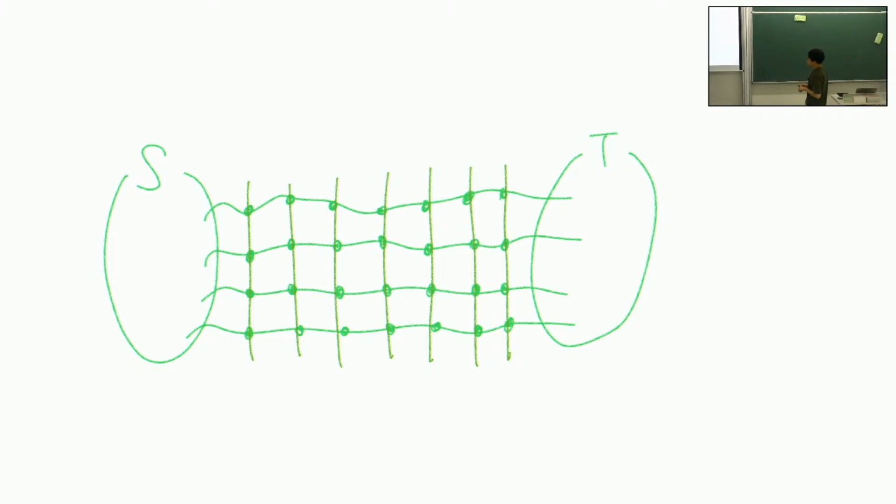Then we have a huge path, and along this path, we can find many separating sets. However, these two separations can overlap and contain common vertices, but for convenience, let me draw them like this, for the separations to be independent.